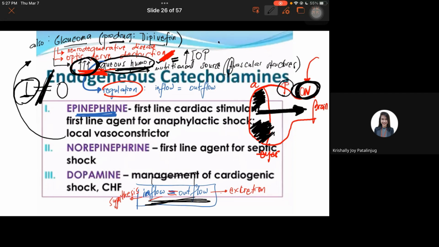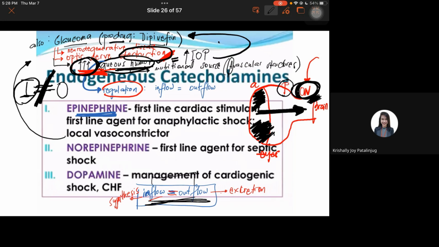So kung napupush yan palikod, then it will really affect, naiipit ngayon yung optic nerve. And that will cause damage, destruction of optic nerve. Kaya we could tell na any imbalance sa inflow-outflow ng aqueous humor regulation, it could highly cause damage later on ng optic nerve, and that will cause glaucoma.